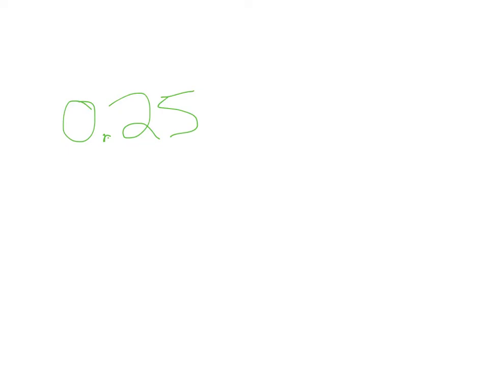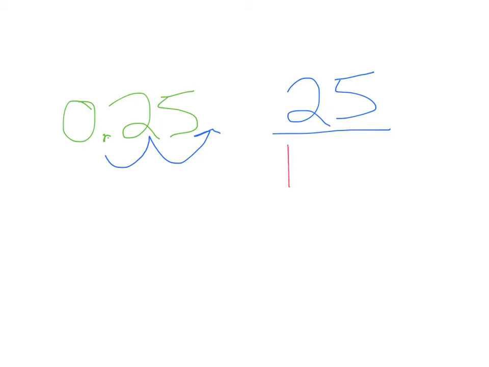Now I've got 2 places I'm going to have to move it. So if I move it 2 places, that turns it into the whole number 25. Again, that 25 becomes my numerator, and my denominator was based on the number of times I move it. Again, there's always going to be a 1, and because I moved 2 decimal places, I'm going to have 2 zeros in my denominator.